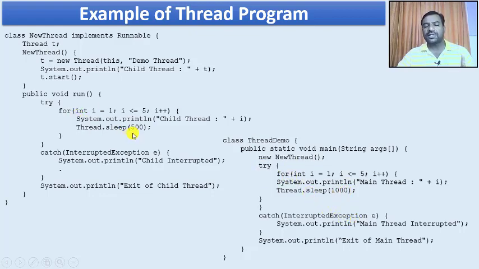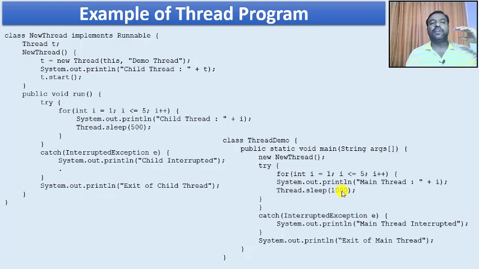But this thread, I'm making it sleep for 0.5 seconds for every loop. So if this is going to print 5 values, it may require only 2.5 seconds. That is 0.5 seconds for every iteration. Whereas in this same loop the sleep is doubled, hence this is going to take 5 seconds.